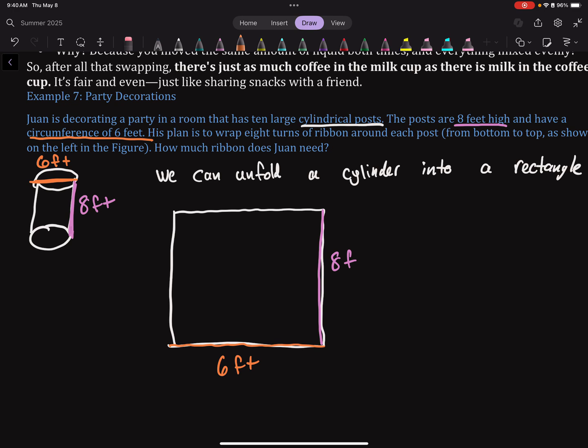So we need to wrap this 8 times. It says it right here. Plans to wrap it 8 times, or turns, around it.